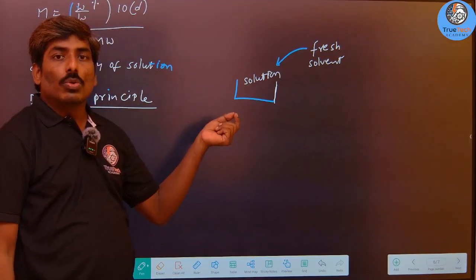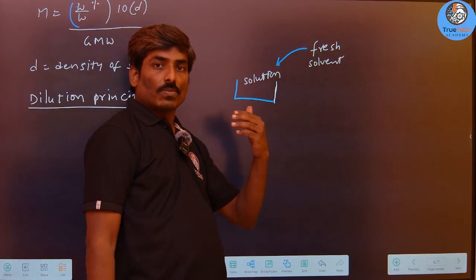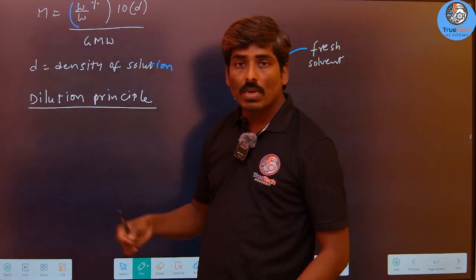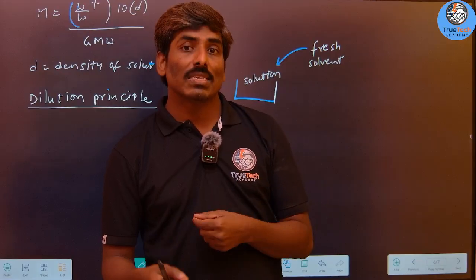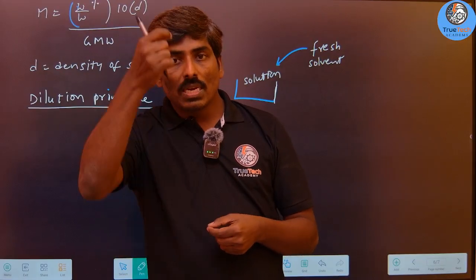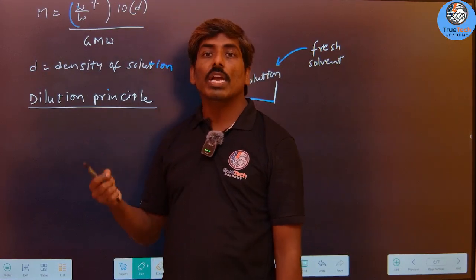So when there is a solution and you add fresh solvent, what will happen? It is called dilution. By adding extra solvent, the concentration decreases. When the concentration decreases, we call it dilution.